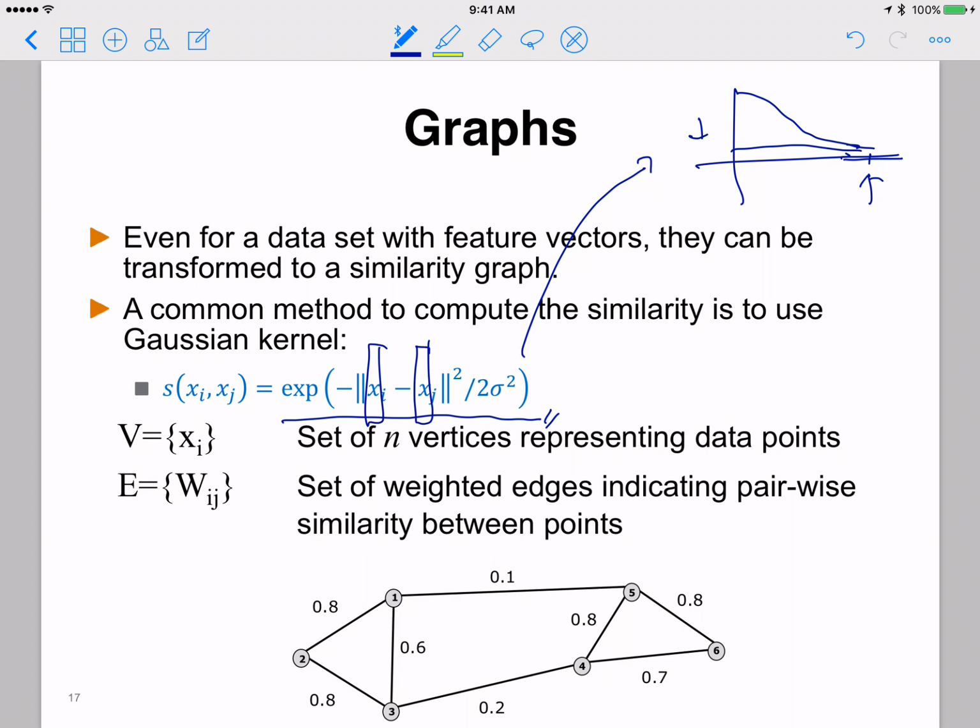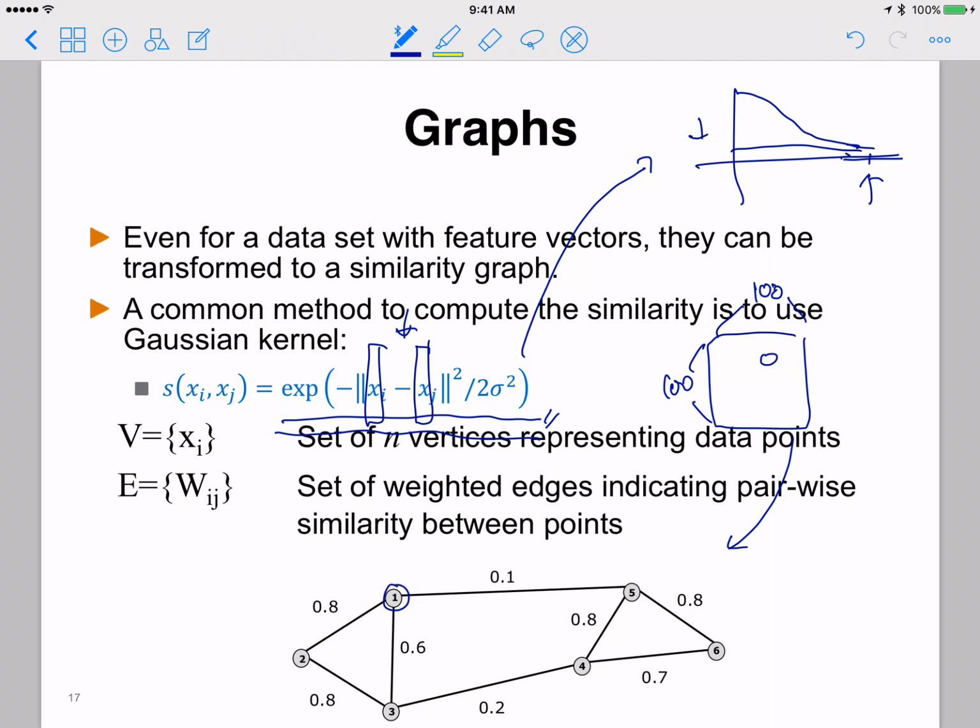That way, if we have 100 different data items, we can compute the distance value for each pair, and then the similarity value. Then we can interpret this pairwise similarity matrix, maybe 100 by 100, as a weighted graph.